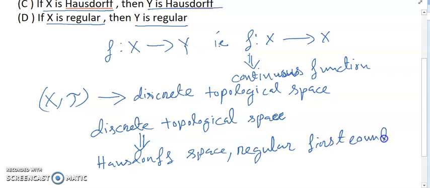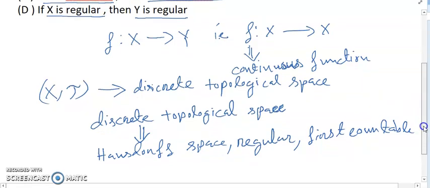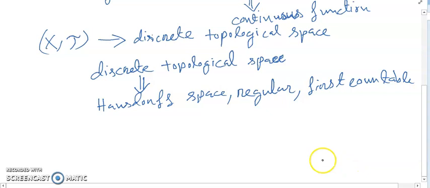That I have already discussed in my channel. So a discrete topological space is a Hausdorff space, regular and first countable space.